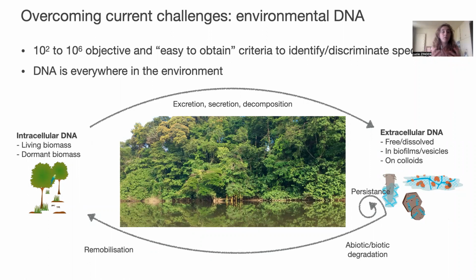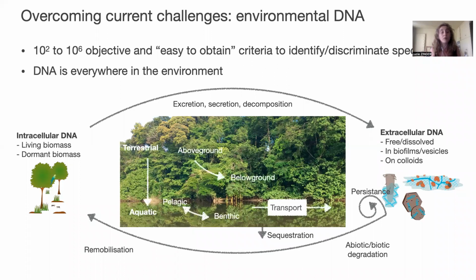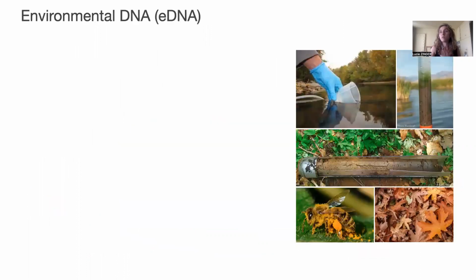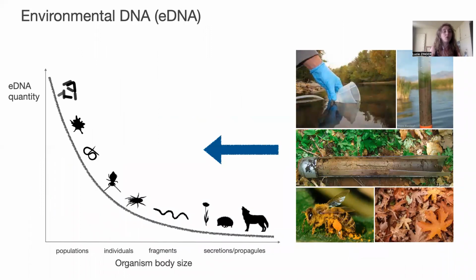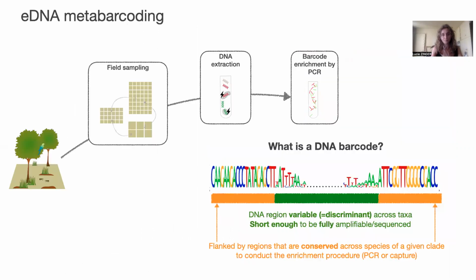And these two pools of DNA are also subjected to a lot of transport, both horizontal but also across different compartments of the ecosystem, which means that when you sample an environmental sample, whatever it is, and you extract the DNA, most of this DNA will correspond to microbial populations that live within the sample, and an important part of this DNA will also correspond to either microbial species, but also macroorganisms that are not present in the sample.